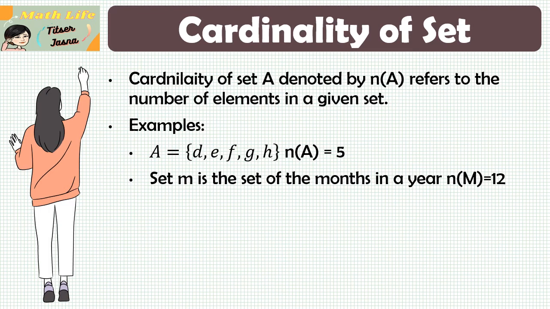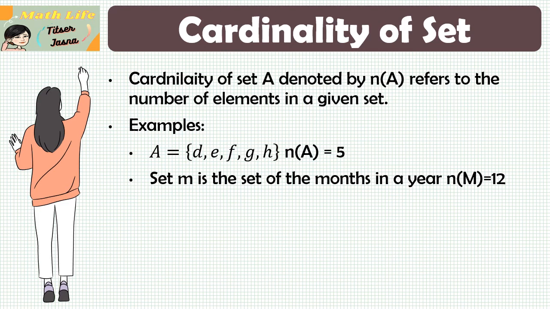Given set A is equal to {D, E, F, G, H}. The cardinality of set A is equal to 5. We're just going to count the number of elements inside the set. So we have 1, 2, 3, 4, 5. We have 5 elements inside the set.